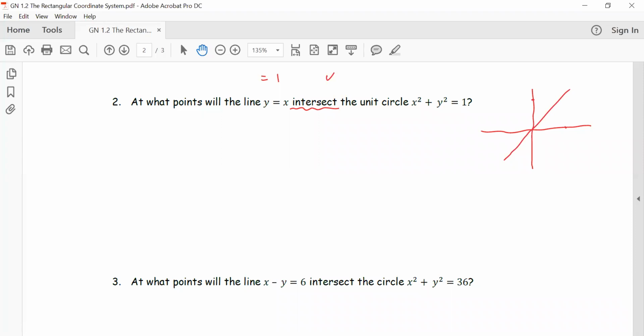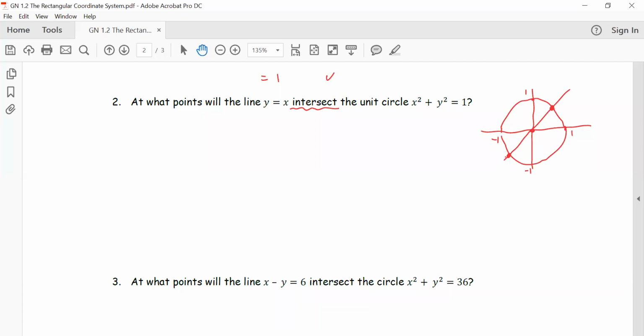And the unit circle has the center at 0 and the radius 1. So the line and the curve will meet at two intersection points. We are going to find what they are.